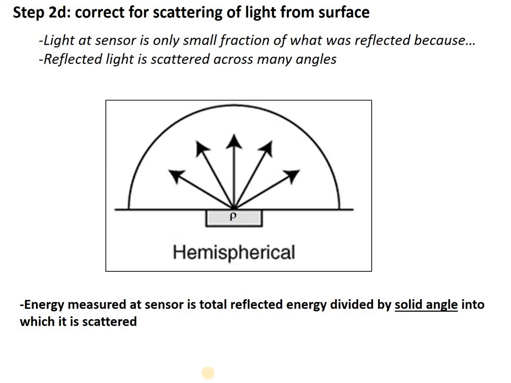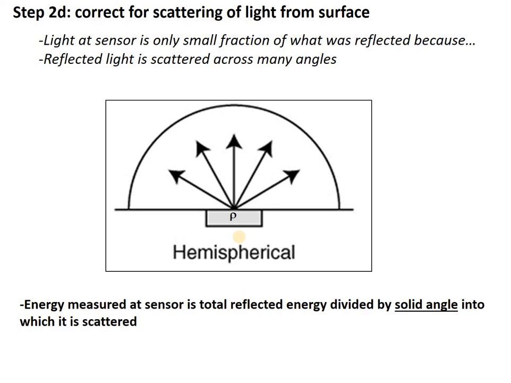We know from a previous video that you can check out on Lambertian Scattering that most surfaces on the ground are quite complex scatterers. They may scatter light in all different directions, okay? Which means the majority of light actually doesn't make it back to the detector.